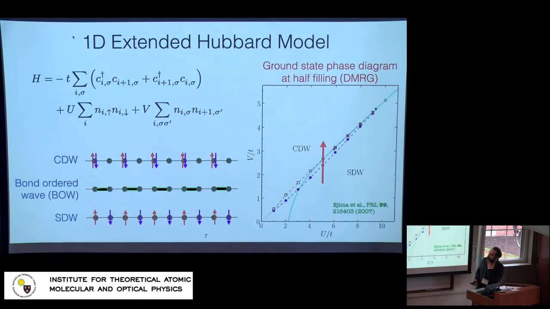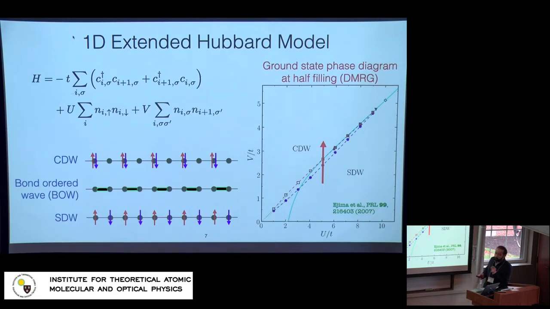Yeah, so this is the Hubbard model. Everybody is familiar with everything here. This is the nearest neighbor repulsion. And this is a phase diagram, kind of state of the art for this model. Of course, you can imagine that people have done a ton of DMRG or variations of DMRG for this model, and you can see this is U and V, the two interactions I have.